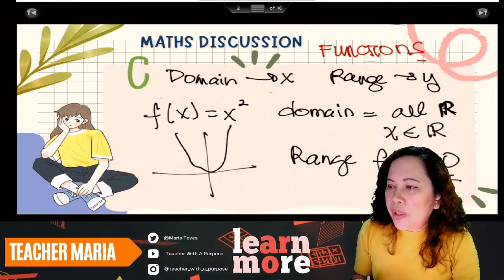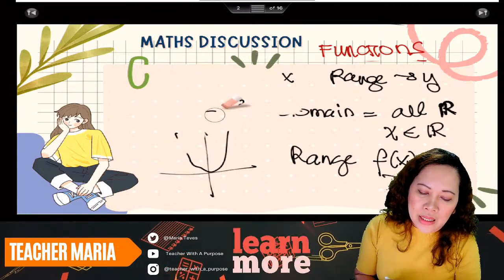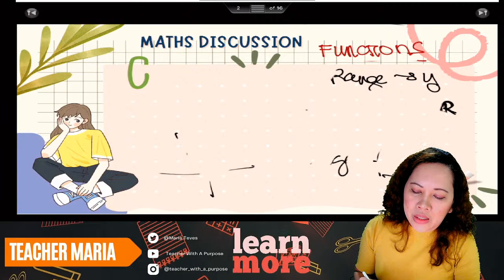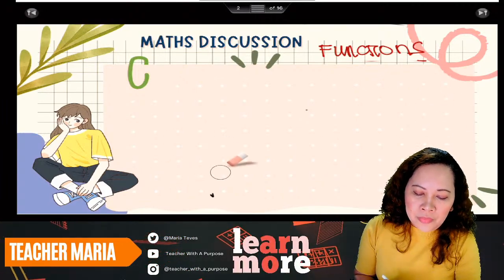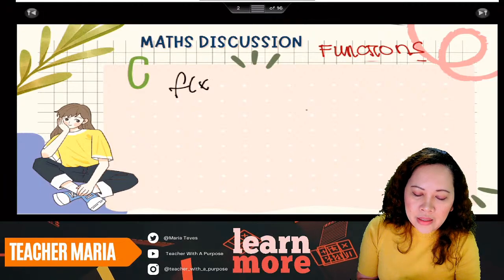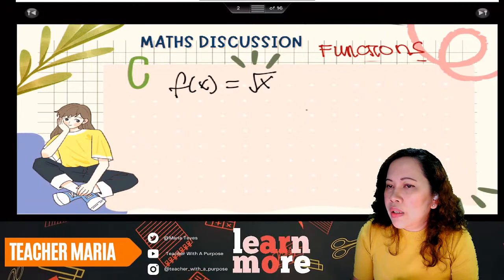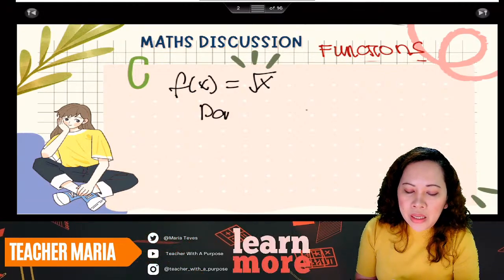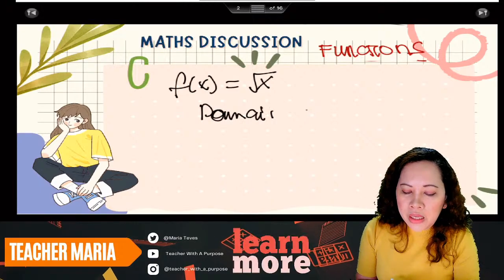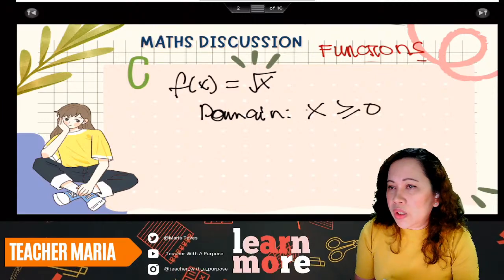Okay. So if you are given, let's say, another one, domain and range. Let's say you're given f of x equals square root of x. Since it is a square root of x that is given, your domain here will only be x greater than or equal to 0.